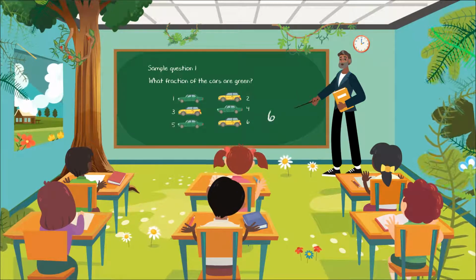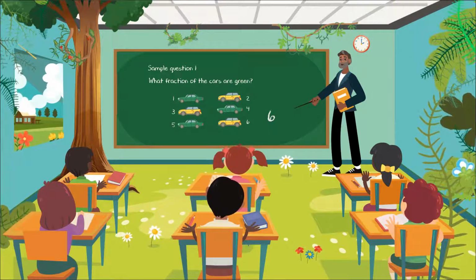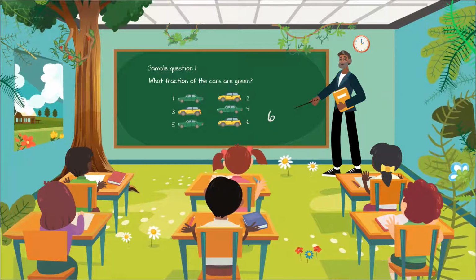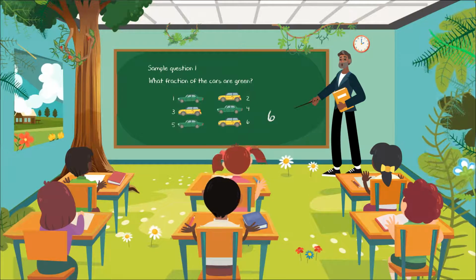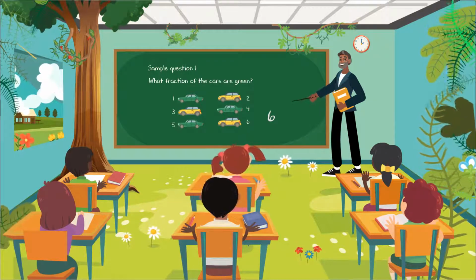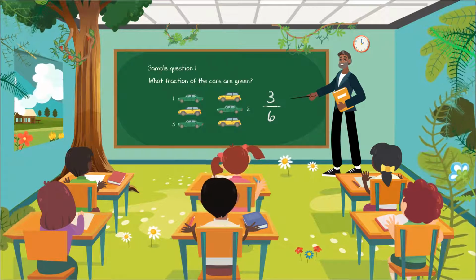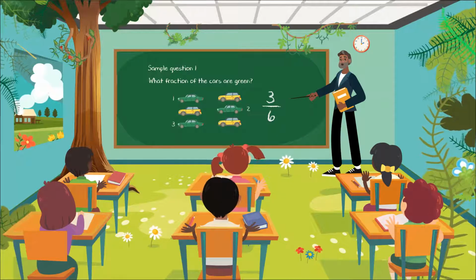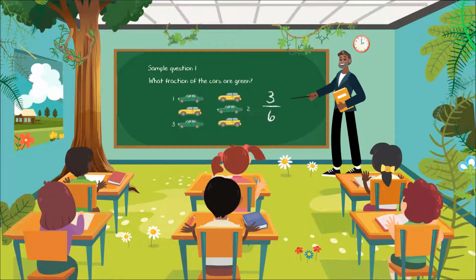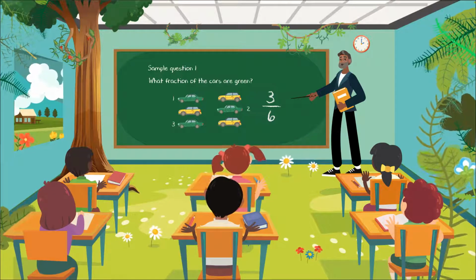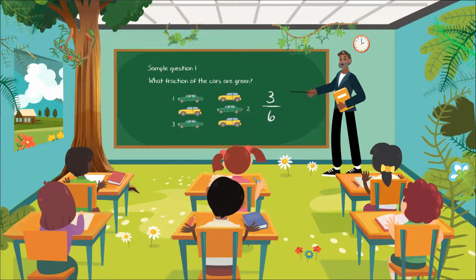So there are 6 in our denominator, the bottom number. Now, count the number of green cars. 1, 2, 3. This number is called the numerator. The fraction of green cars is now 3/6.